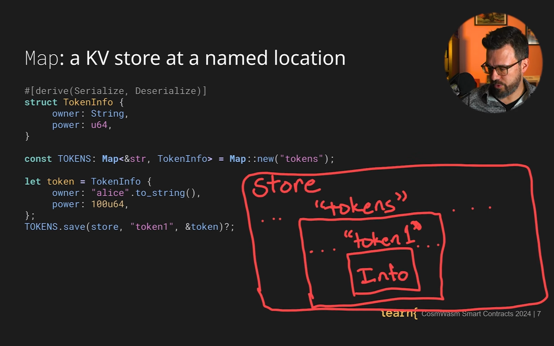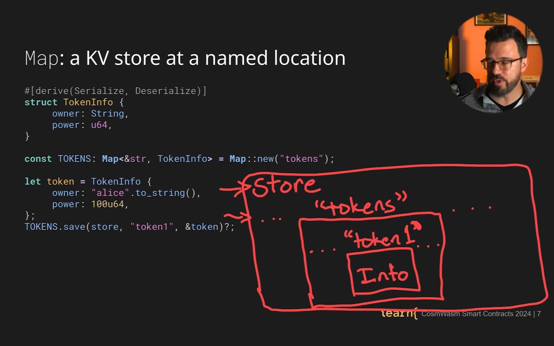So we have our general contract store here, which is a hash map. At the tokens location in that hash map, you see I have these dots on the left and the right. In theory, there are infinite items on either side. But once you get to tokens in that hash map, right now there are no items on either side, but there could be all kinds of items.